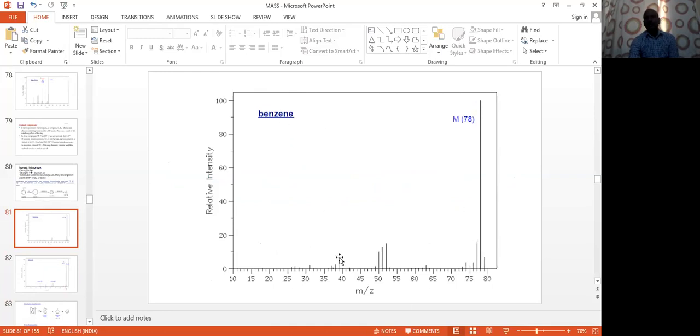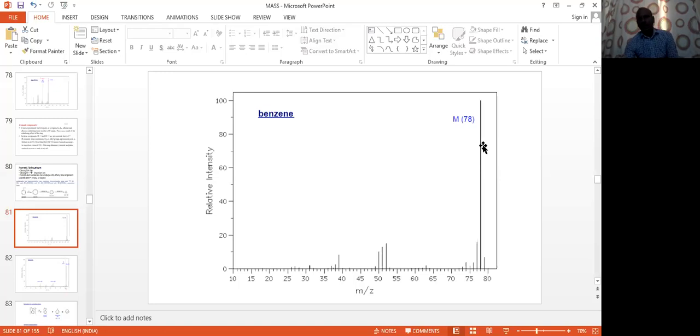So these are other fragment peaks. Here we can see m/z 78. This 78 is a very prominent peak for benzene, because it will not undergo extensive fragmentation. Understood? Benzene remains as such, and mostly only molecular ions will be reaching the detector.